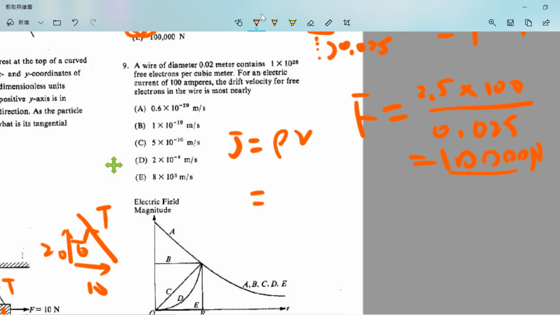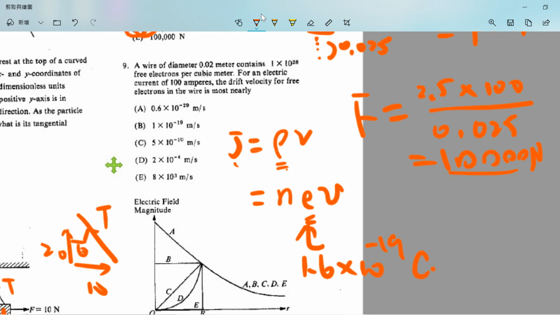J is the current density, and rho is the electric charge density, which is basically n times e. E is just 1.6 times 10 to the negative 19 coulombs.